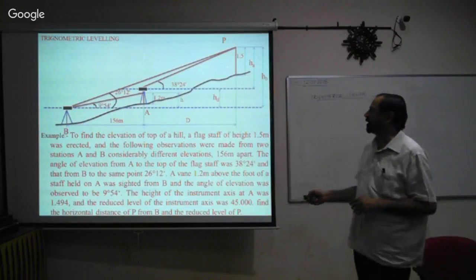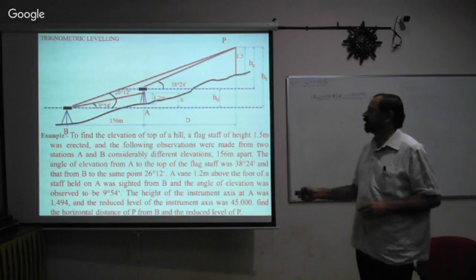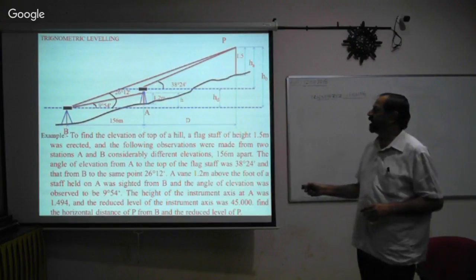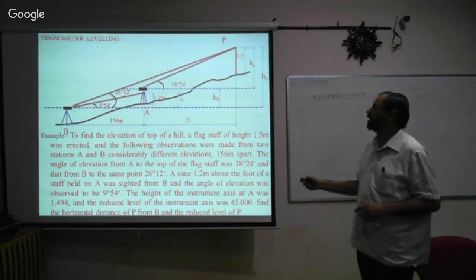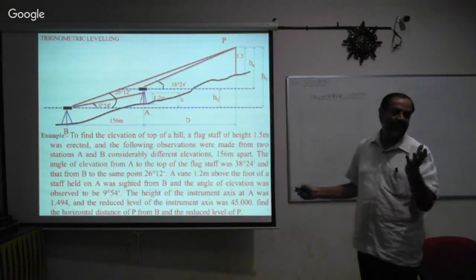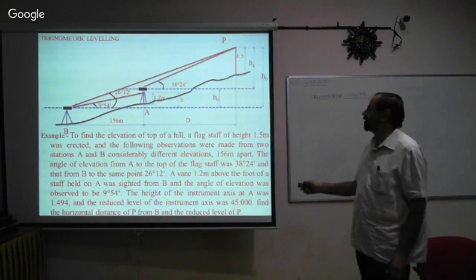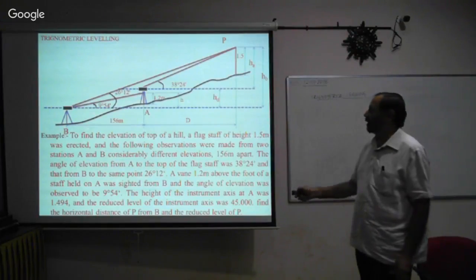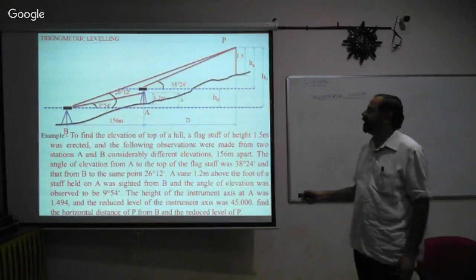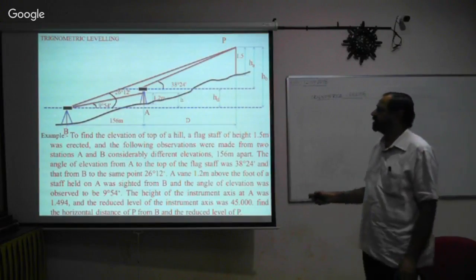This is another situation where the difference between the instrument axes is much more, in an undulated area.